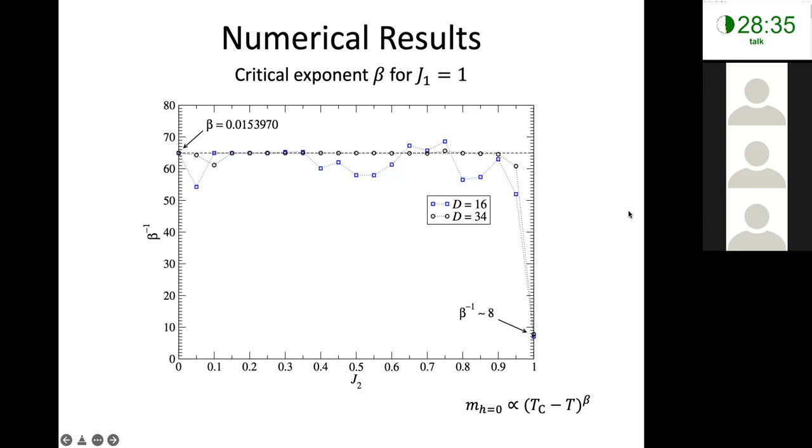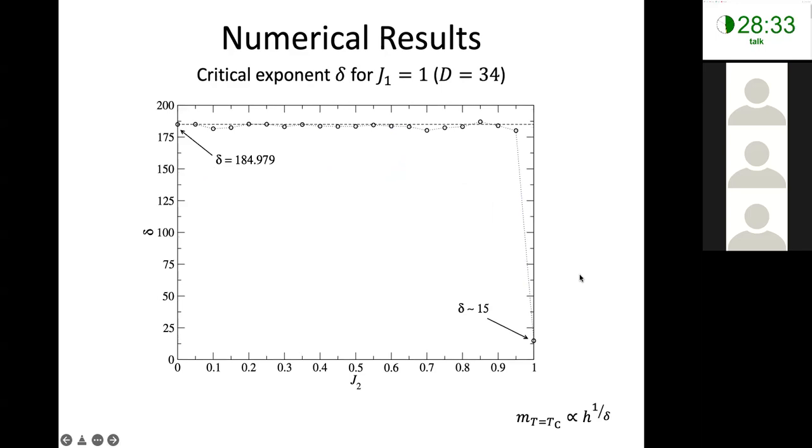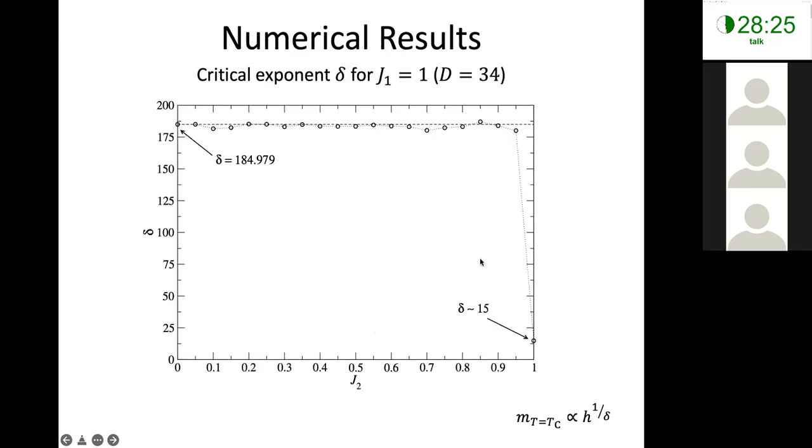We have found similar behavior also for the delta exponent, where the delta exponent does not change on the entire interval from 0 to 1. And there is again a sudden discontinuous jump by one order of magnitude at J2 equal to 1.